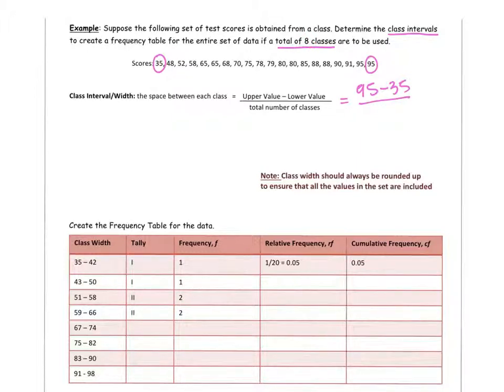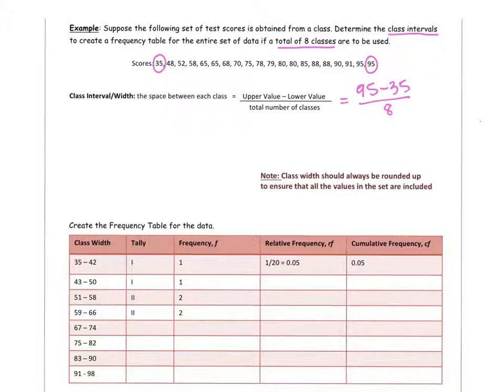And the number of classes they chose to use is 8. And by the way, I just want you to realize this: when I say classes, I'm not talking about classroom classes. Classes is another word in statistics for how many intervals. So anytime you hear the word classes, it's talking about the number of intervals or the number of groups.